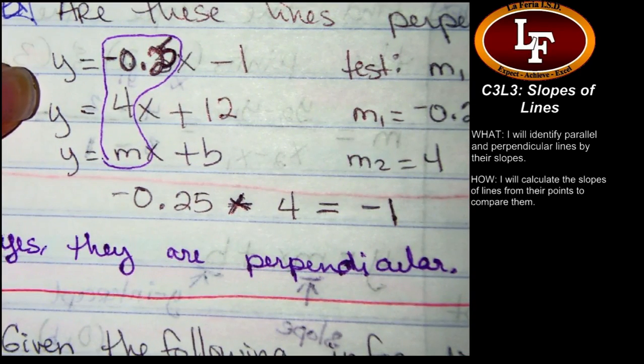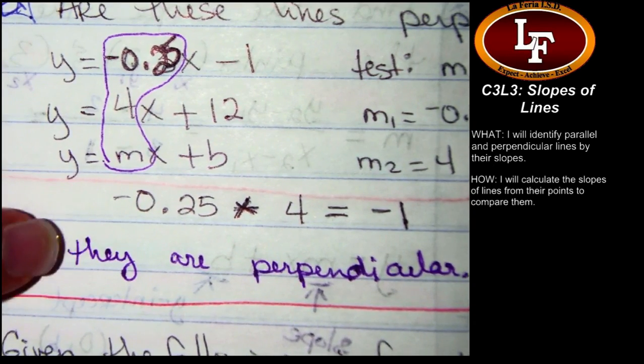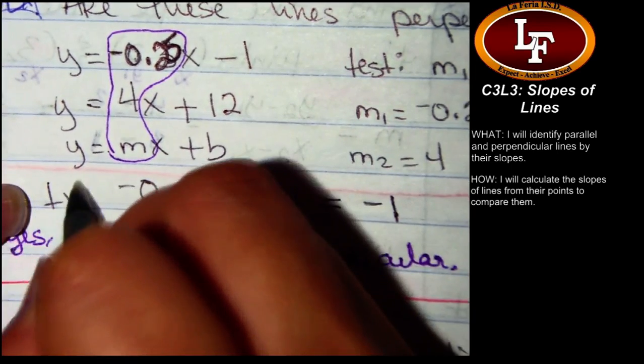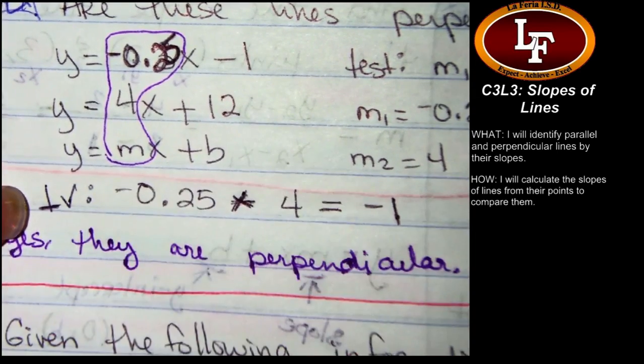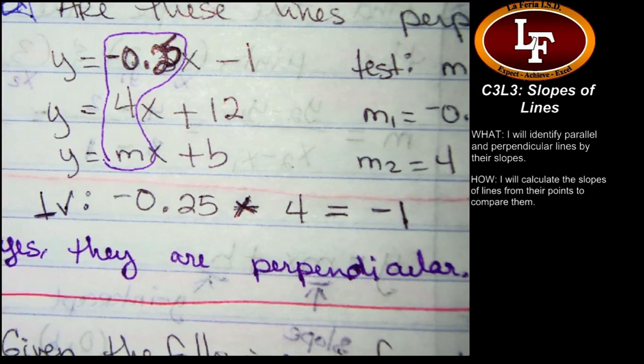If those numbers are the same, they're parallel. If they're different, you have to run it through this check here, the perpendicular check. You multiply them together and hope for a -1. If you get that -1, they're perpendicular. If you don't, they're not.